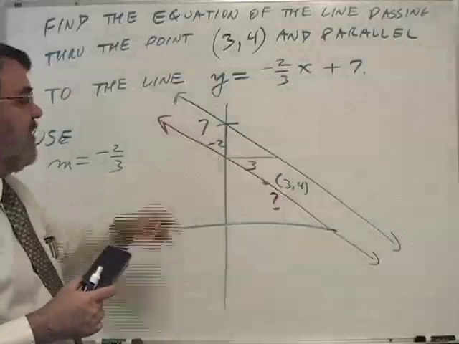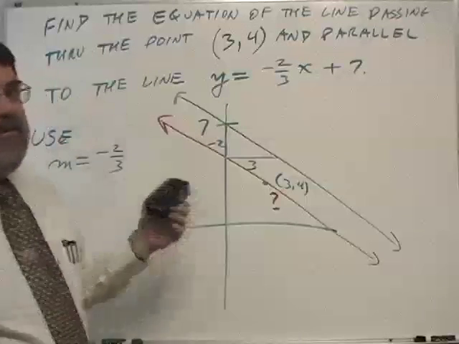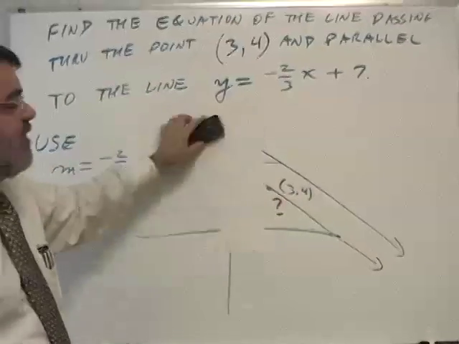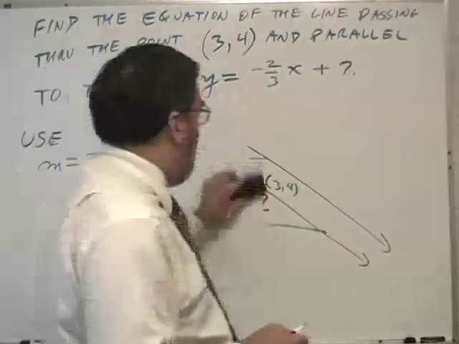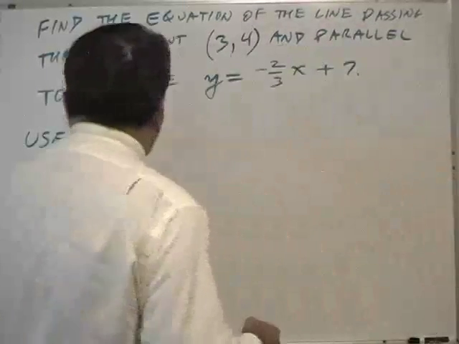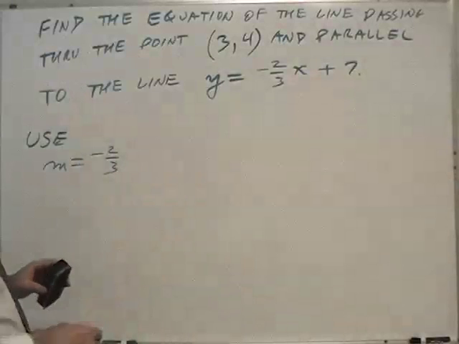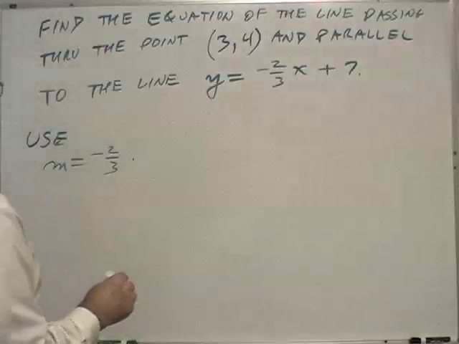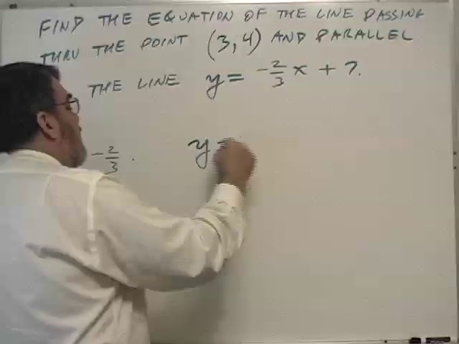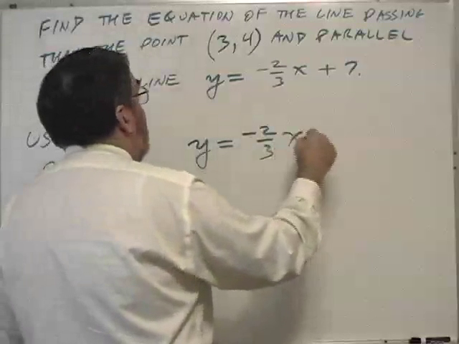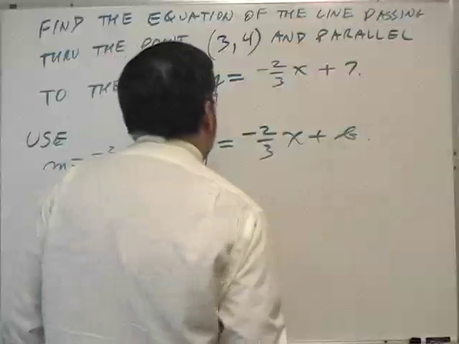Should be down here. So might file that away. I have to erase to make room. I don't like to, but as you can see, I have a small board to work with at home. All right, so I'm going to use m equals negative 2/3, and so I have the start of my answer, y equals negative 2/3 x plus b.